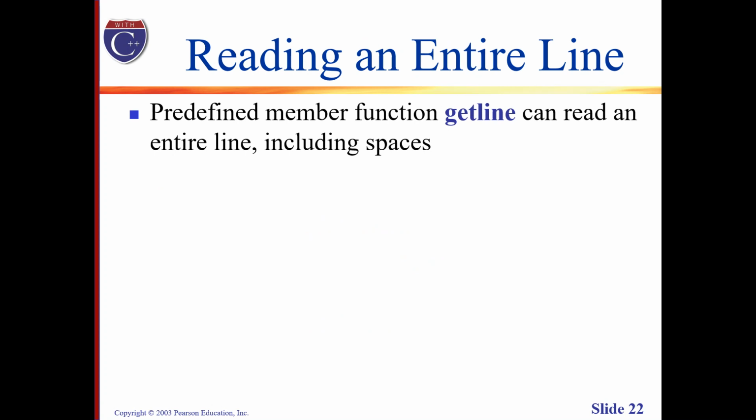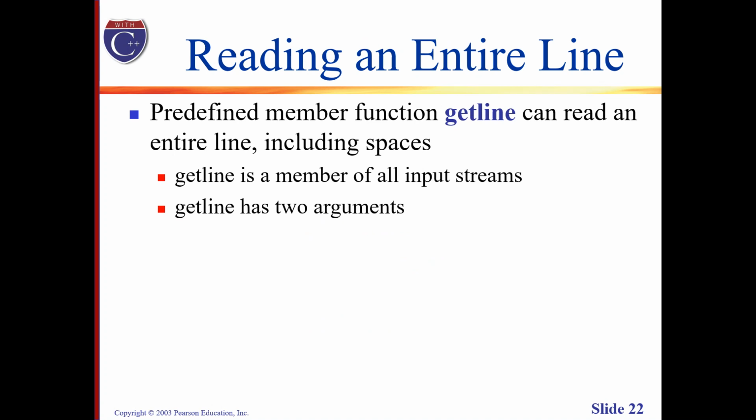Now, how do we read an entire line with C strings? Let's take note of the predefined member function getline, which can read an entire line, including spaces. getline is a member of all input streams, and it has two arguments.